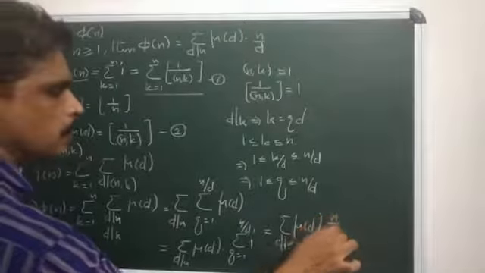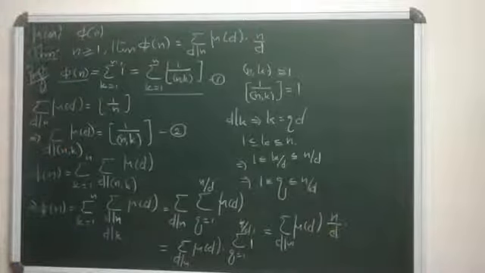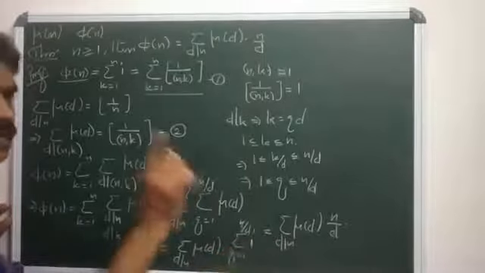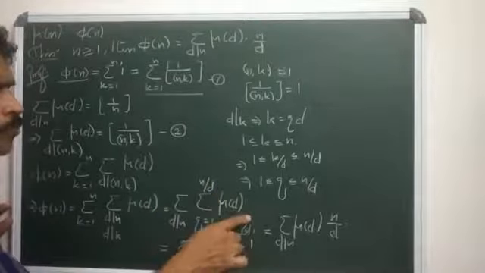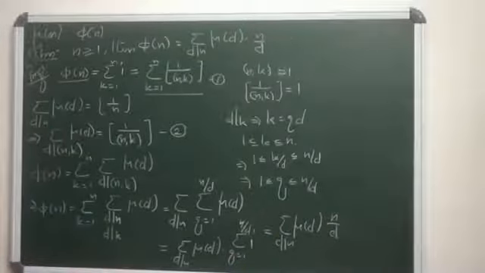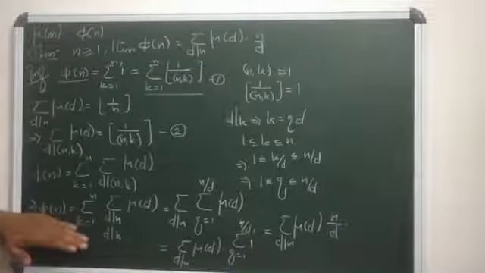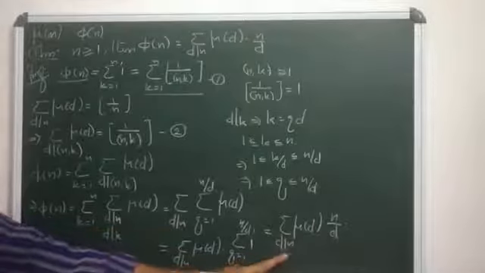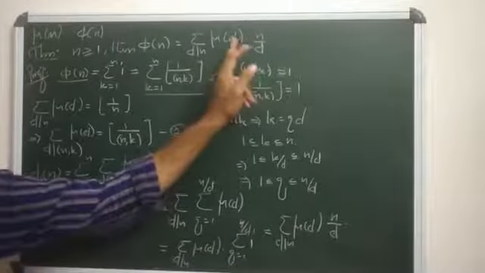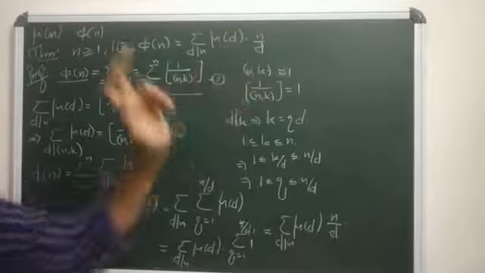That is simply n by d. Sigma q ranges from 1 to k of 1 is k itself, so sigma q ranges from 1 to n by d of 1 is nothing but n by d. So finally, phi of n equals sigma over d divides n of mu of d into n by d. That is what we require here.